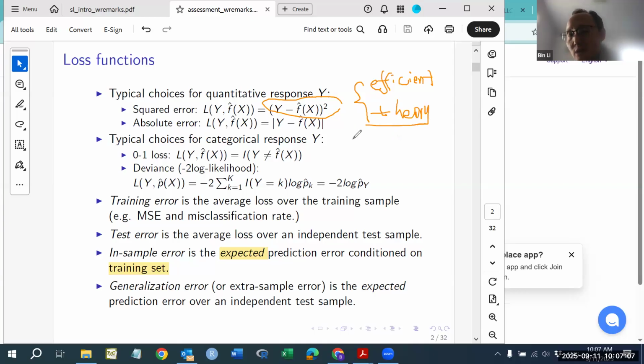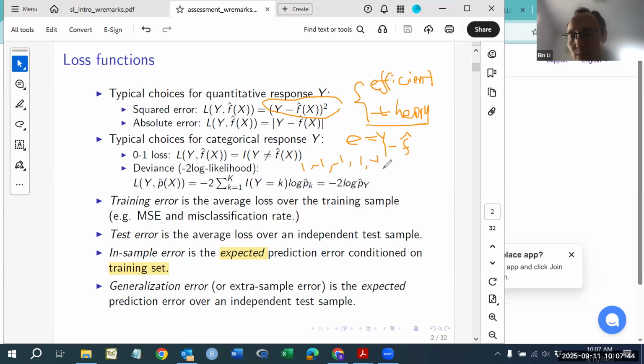But the drawback is what? The drawback for the squared error loss is that since it takes the square, it can be easily dominated by outliers. Okay, think about the residuals, e equals y minus f hat. Think about we have 100 observations, and most of their residuals are close to 1 or negative 1, right?